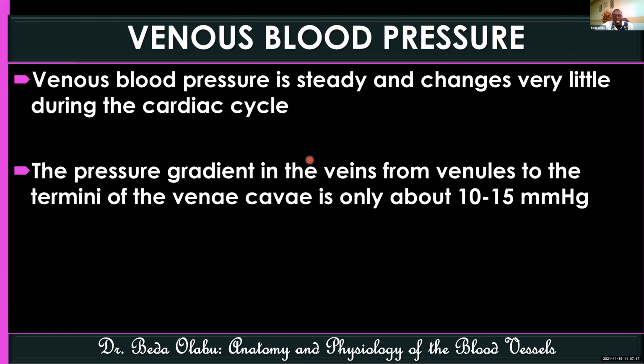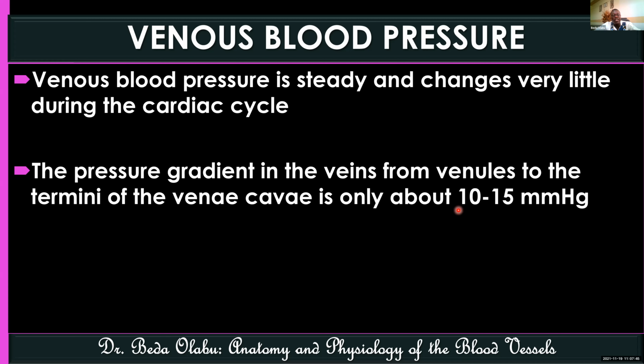The pressure gradient in the veins from the venules to the end of the vena cava is very low as well. Now we saw that at the end of the capillaries, we were just having 10 to 17. If you look at the pressure gradient from the venules back to the vena cava, we said that the vena cava was having almost 0.